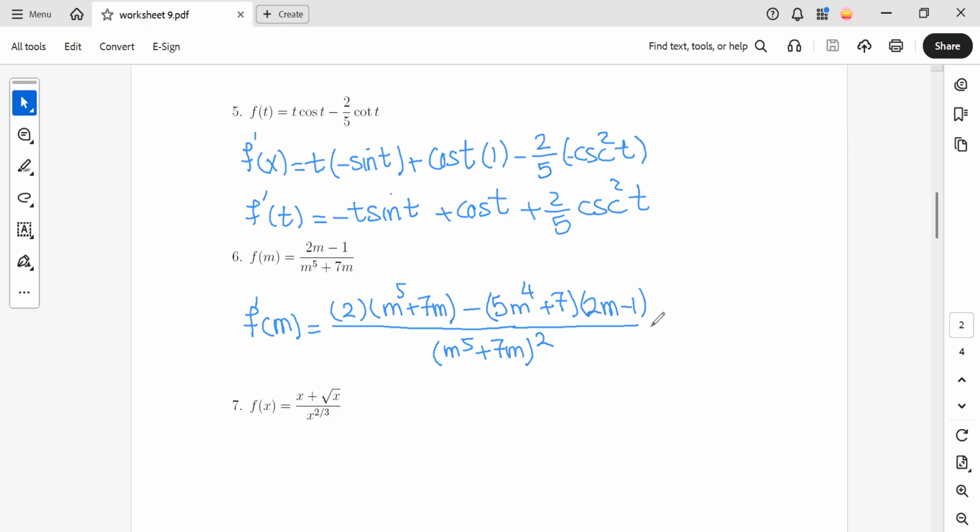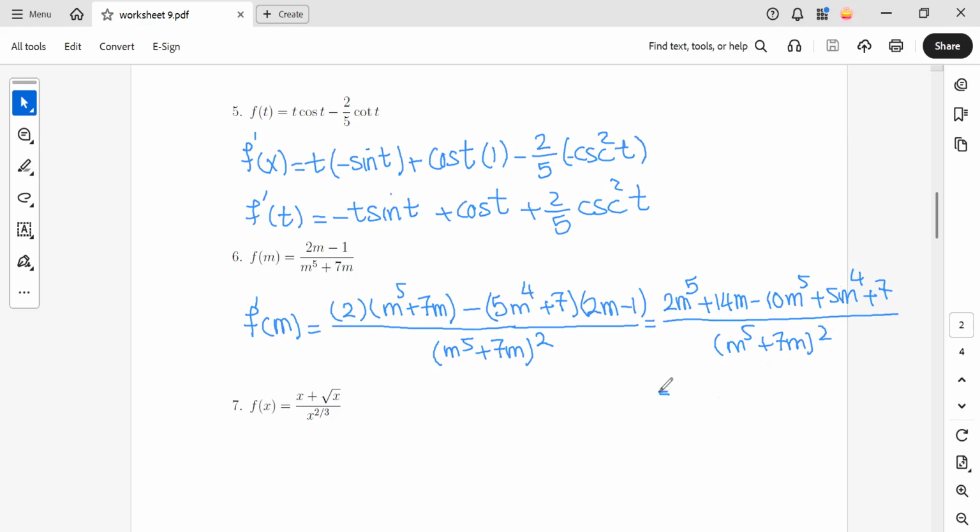We can distribute and we would get 2m to the fifth plus 14m minus 5m to the fourth, which will be multiplied by 2m. So we would have negative 10m to the fifth plus 5m to the fourth plus 7 all over m to the fifth plus 7m squared.